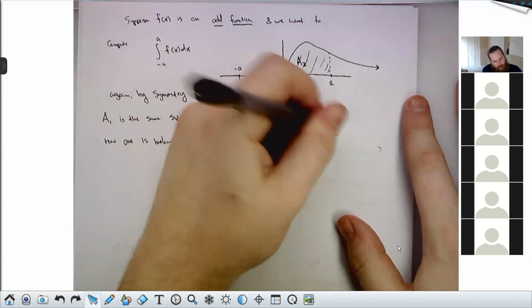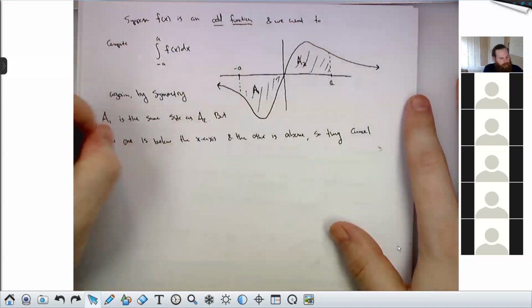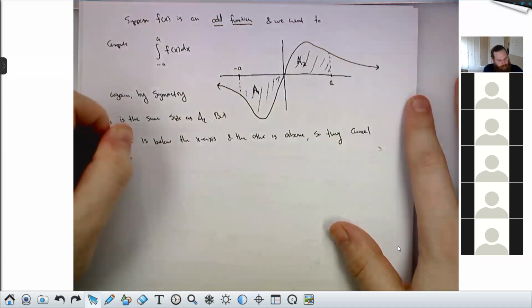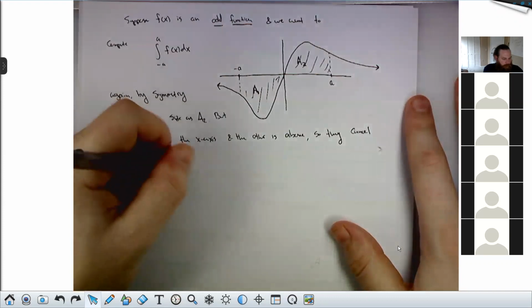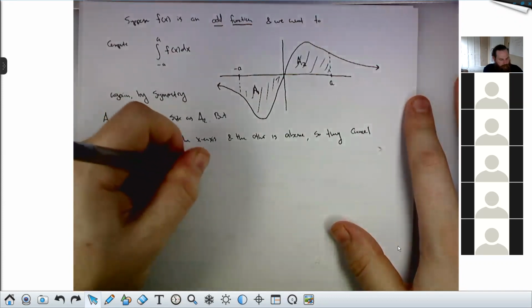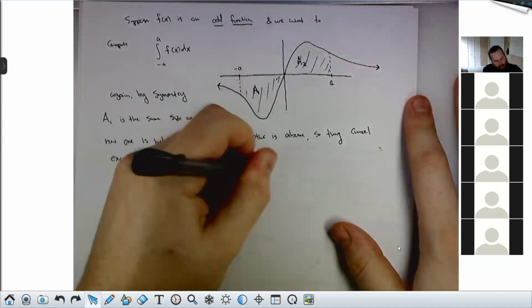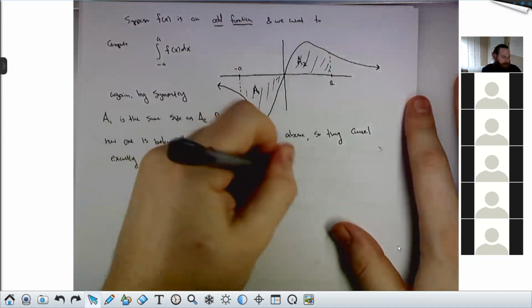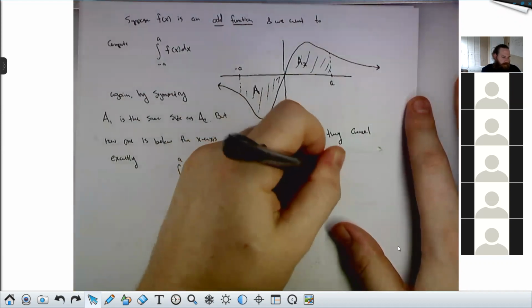So they cancel exactly. The integral from negative a to a of f of x dx is 0 if f of x is an odd function.